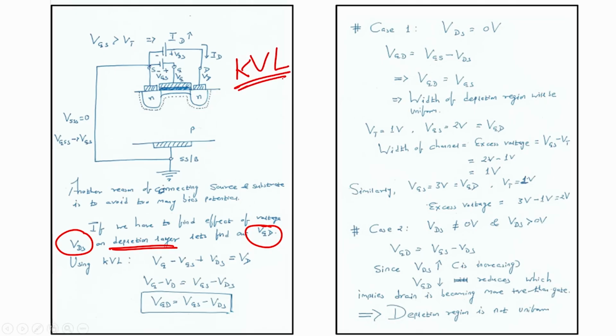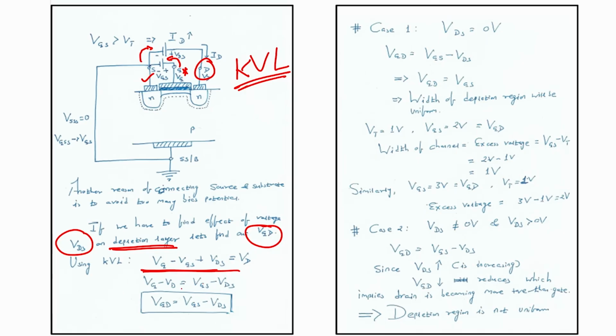We go from here, Vg, then minus Vgs, then in this direction plus Vds. So Vg minus Vgs plus Vds equals Vd.